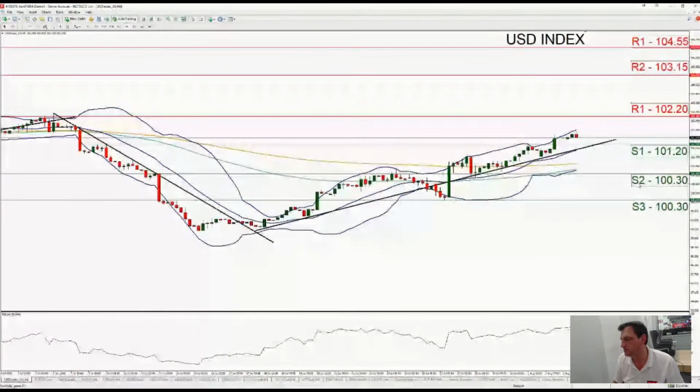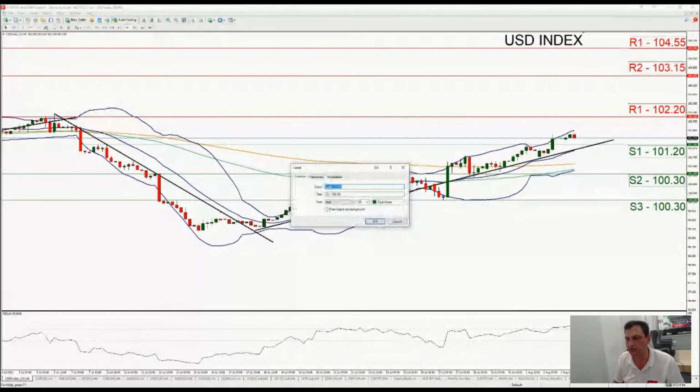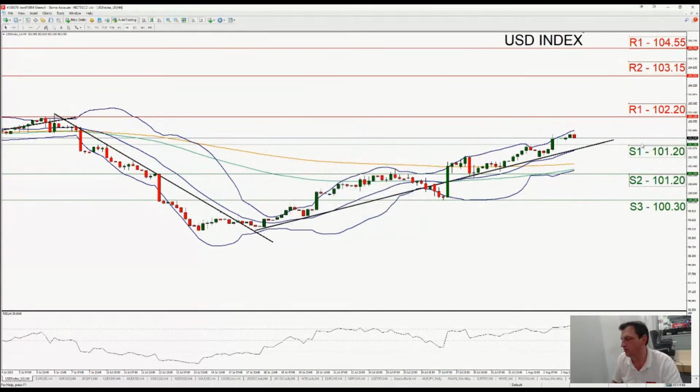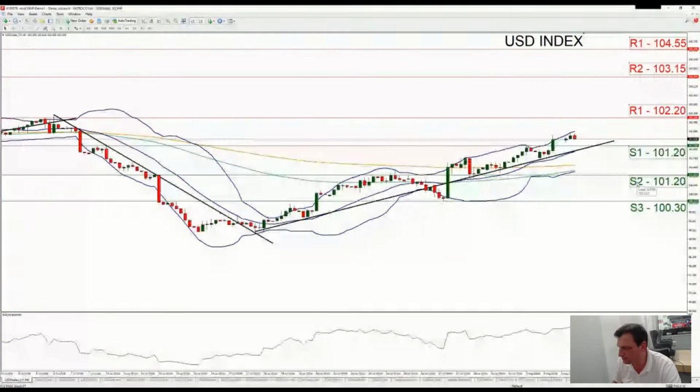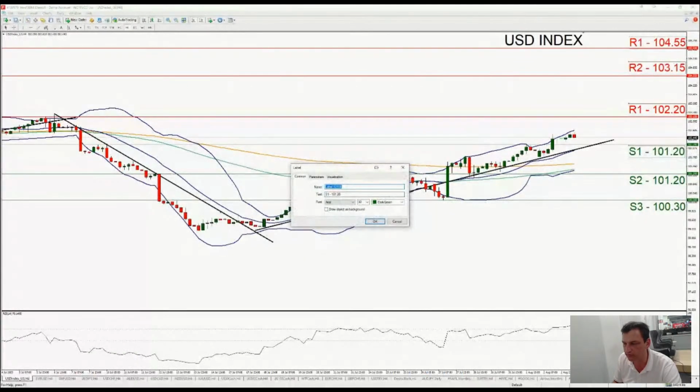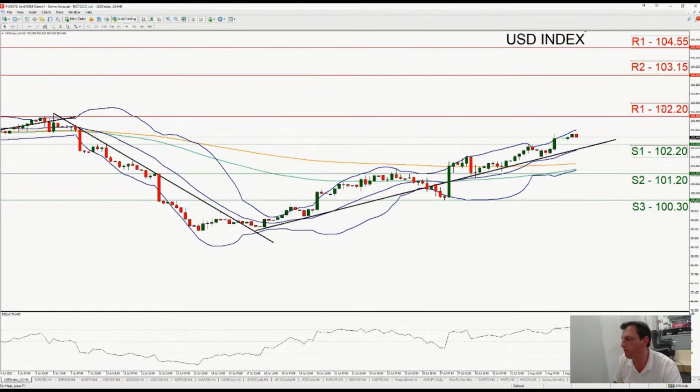Definitely the US economy is in better shape than, say, for example, the German economy, which has a AAA. So the effect was, if not temporary, it was very quickly shrugged off by the market. And that allowed the US dollar to rise further.